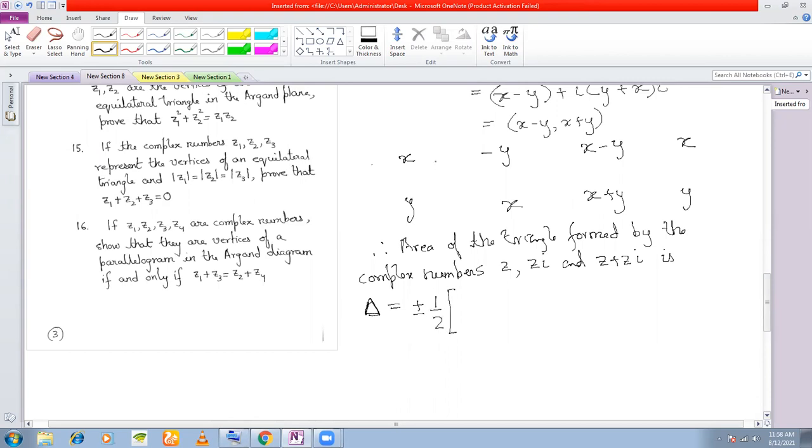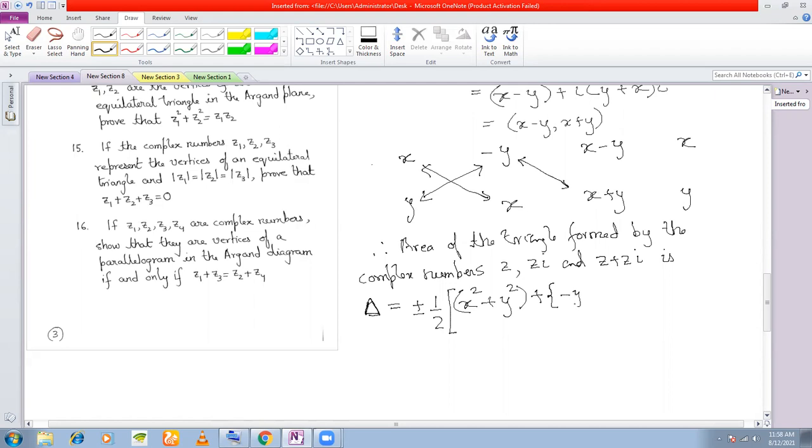Now we work this out. Multiply these two: x square minus of minus y square becomes plus y square, right? And then you add again the product of these two. Multiply these two.